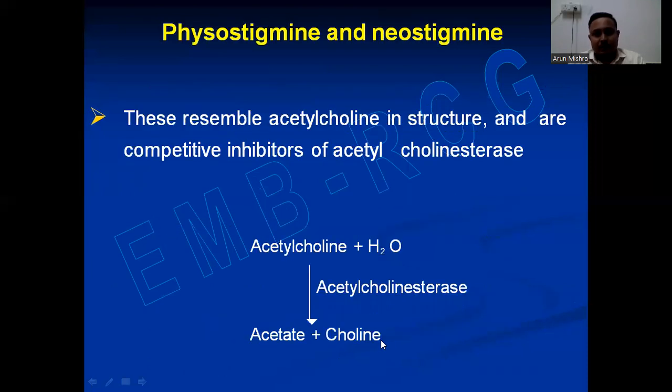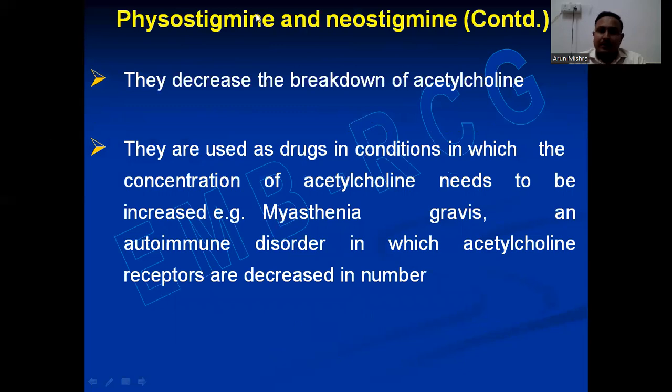Next is physostigmine and neostigmine. These resemble acetylcholine in structure and are competitive inhibitors of acetylcholinesterase. Acetylcholine and water react to form acetate and choline. They decrease the breakdown of acetylcholine.